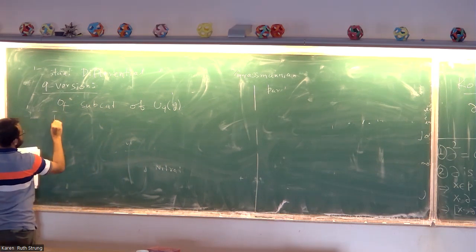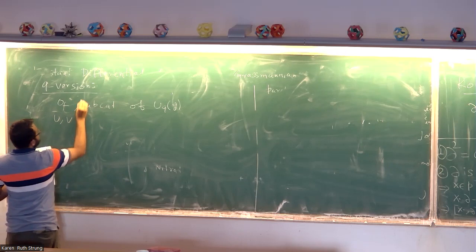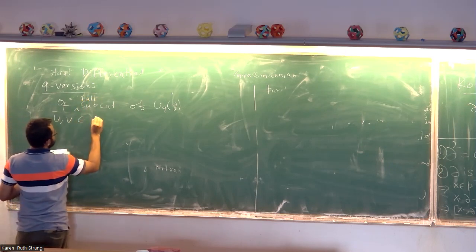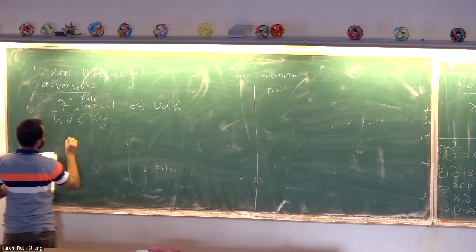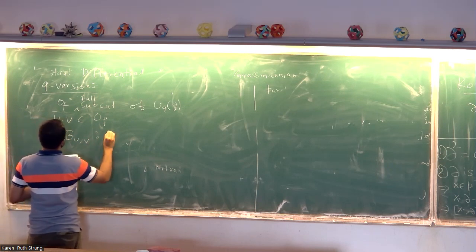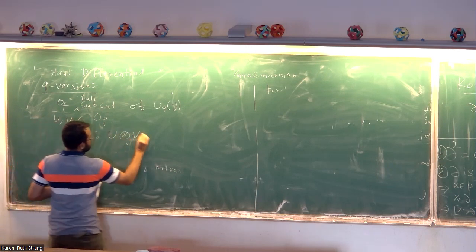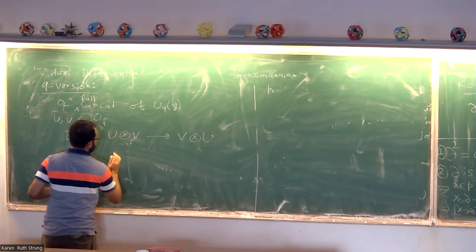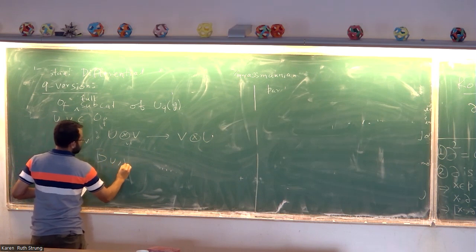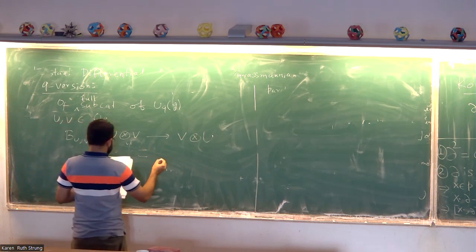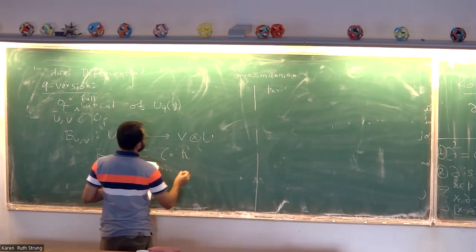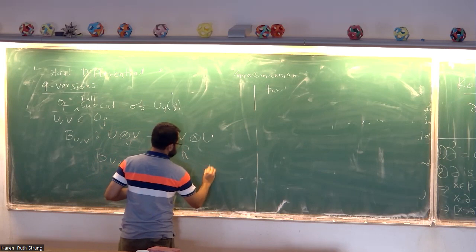The braiding on U, V is given by the flip and the universal R matrix.